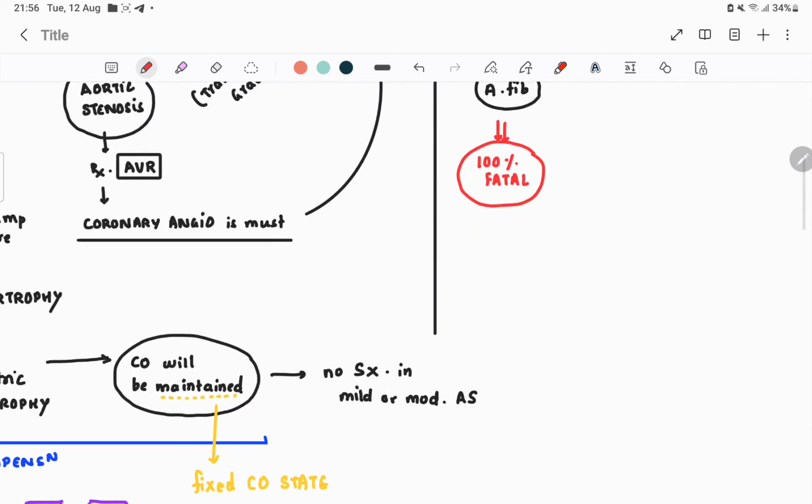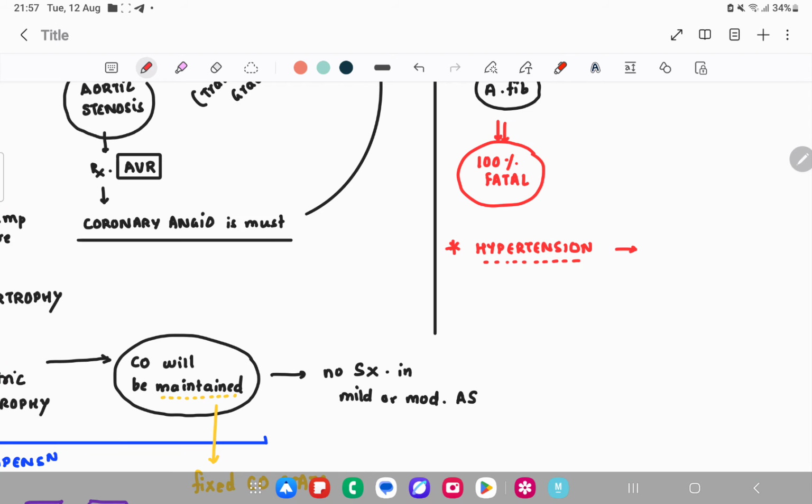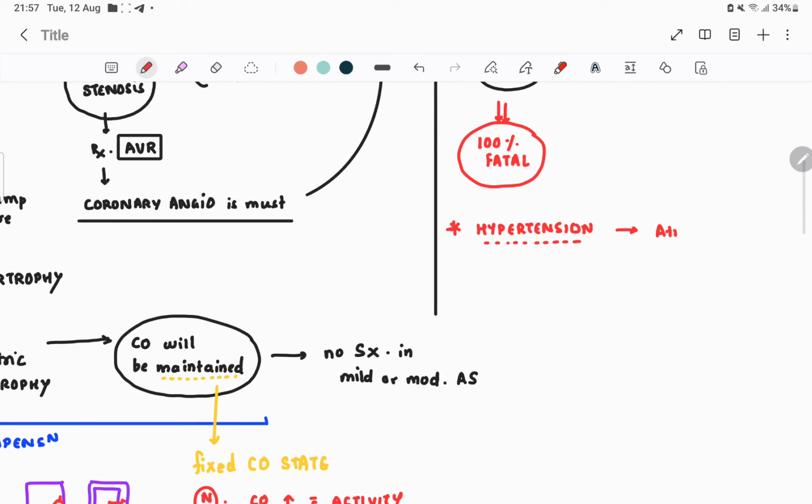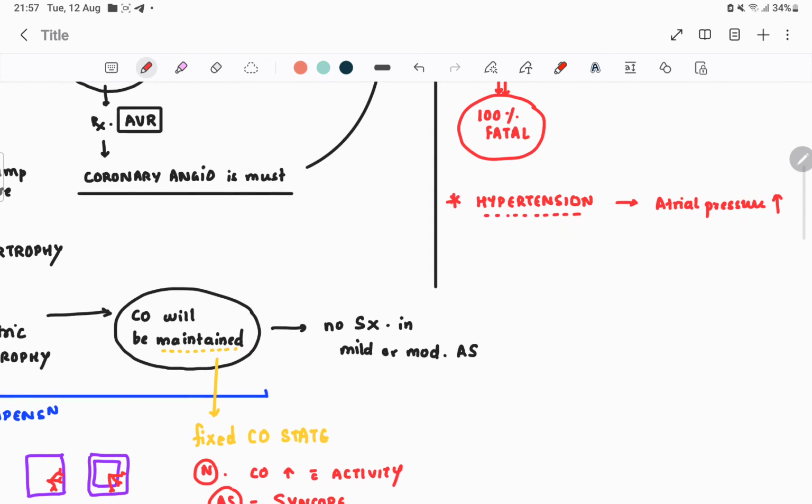Okay. Now, let's say we have an old patient with hypertension. In hypertension, you have to understand that the arterial pressure is more because the blood vessels are constricted.